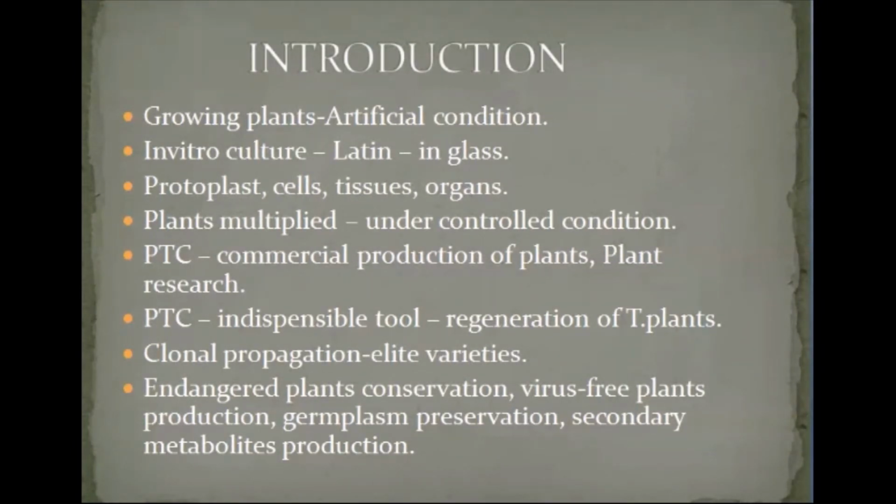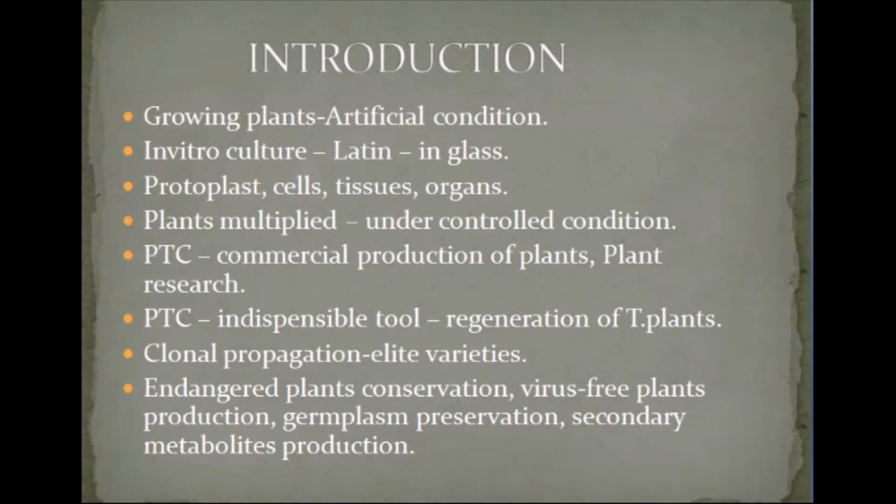So how are they culturing? They are multiplying the plant species under controlled condition. What is the meaning of controlled condition? Suppose you are using soil or agricultural land for the growth of a plant, we just sow the seeds, and if necessary, we use some fertilizers.